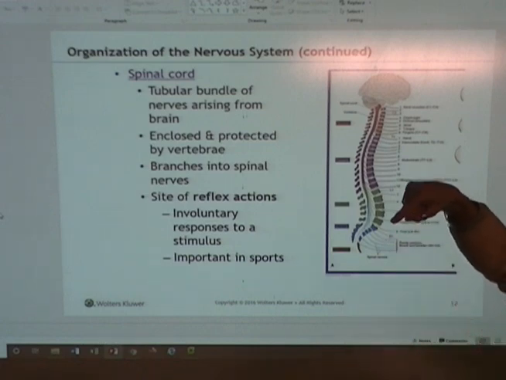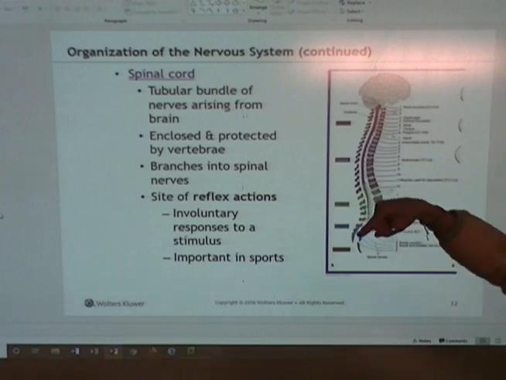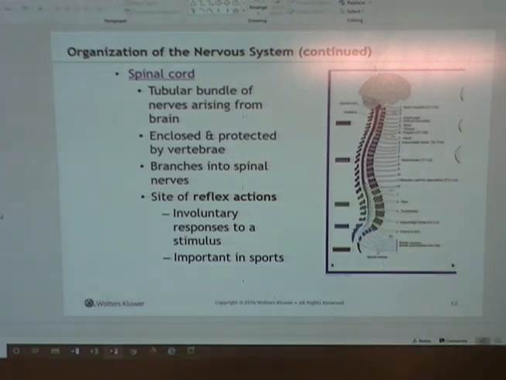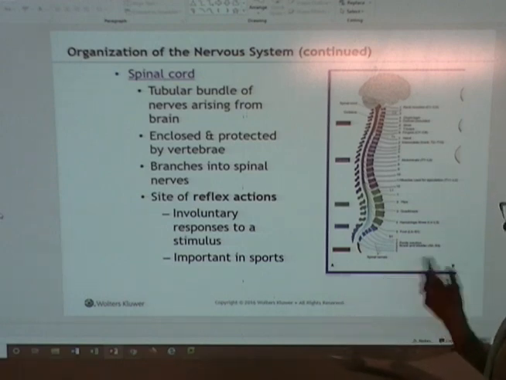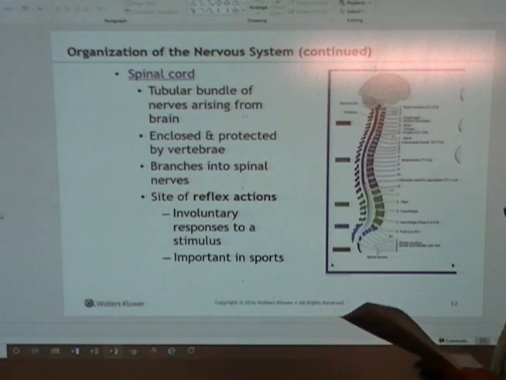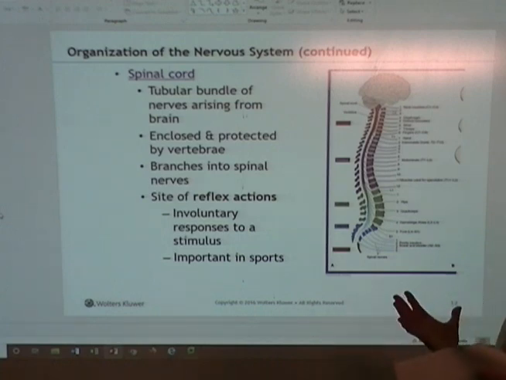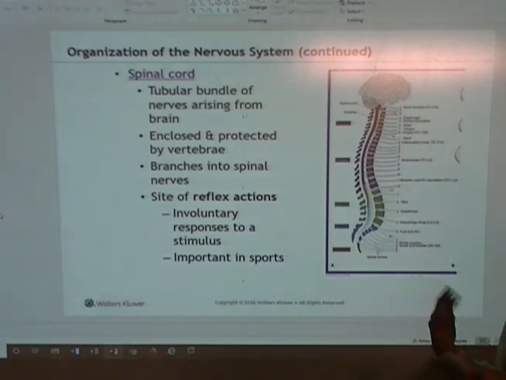We also see reflex actions occurring in the spine. It's possible for a signal to come to the spine, turn around and go back out to the muscle without having to come up to the brain, which is important in sports because we have to react very quickly. Reflexes allow us to respond very fast to things in our environment.